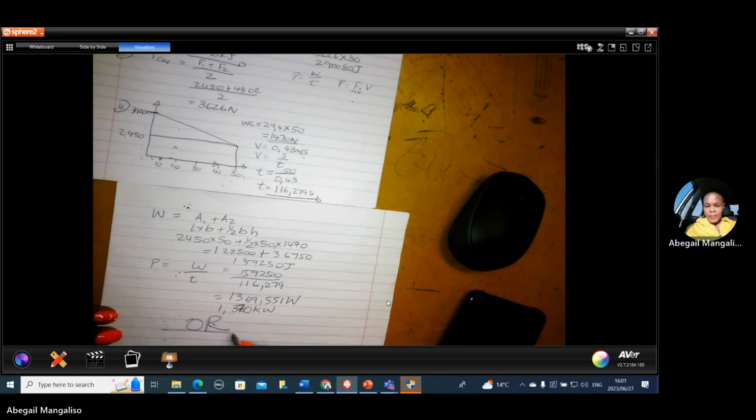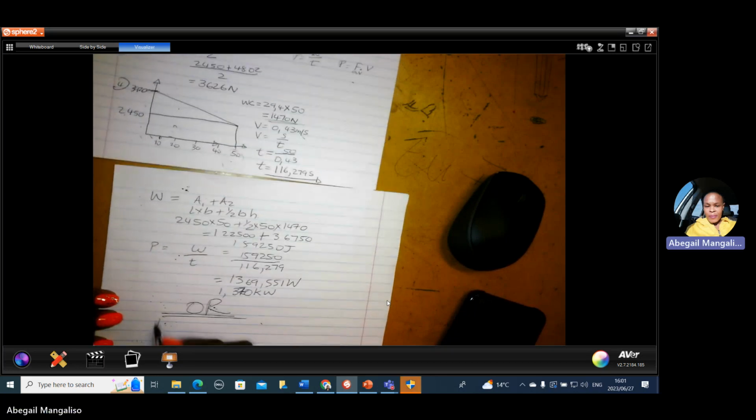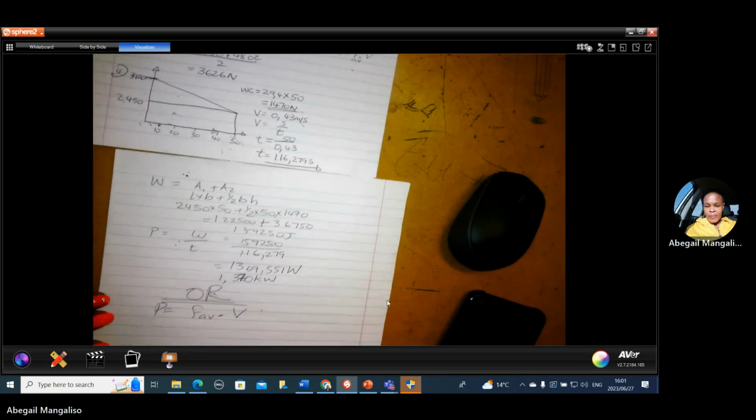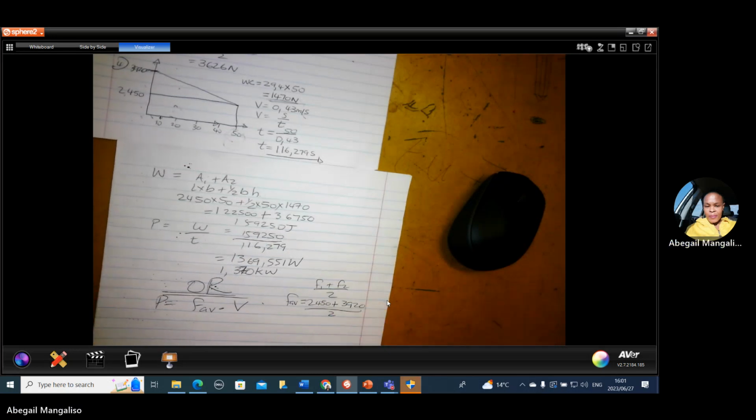Alternatively, to calculate power, we can use P equal to F average multiplied by velocity. Average force of the new graph. F average will be equal to 2,450 plus 3,920 divided by 2, that is F1 plus F2 divided by 2. So the average is 2,450 plus 3,920 and all divided by 2.